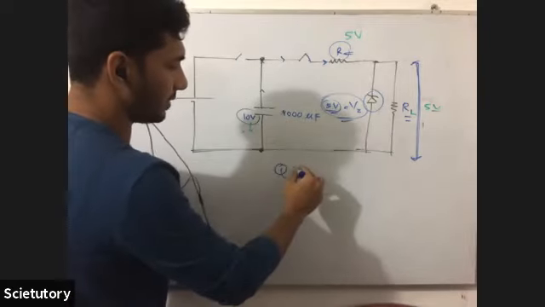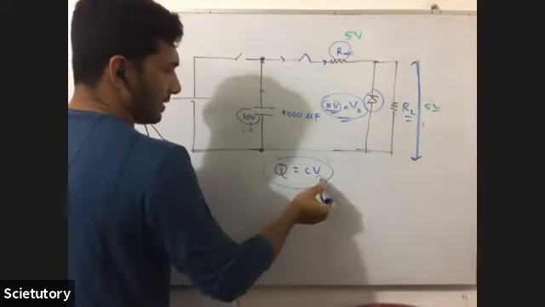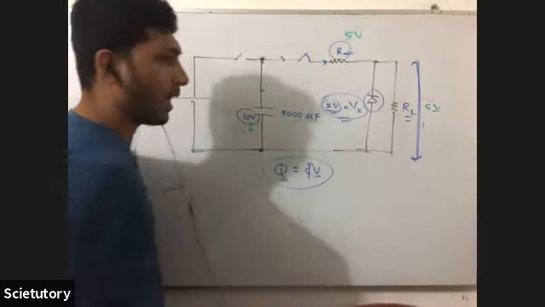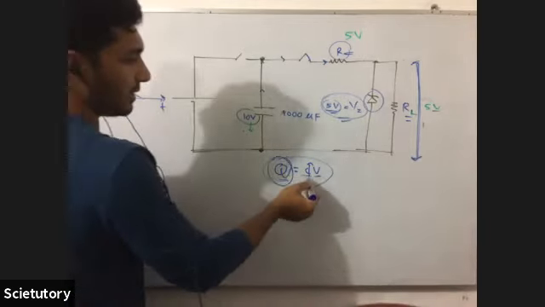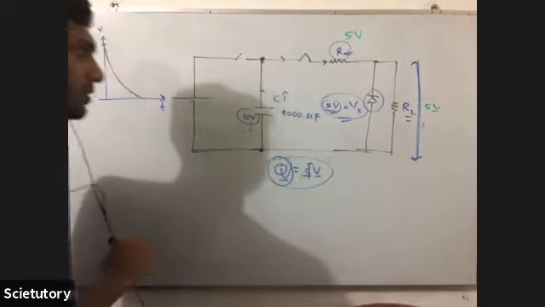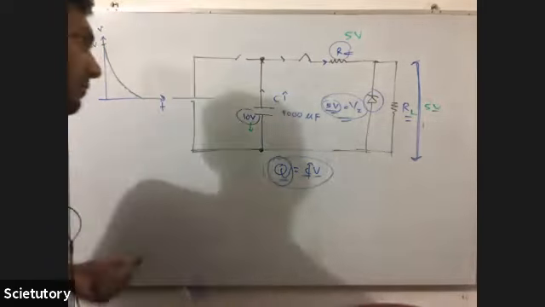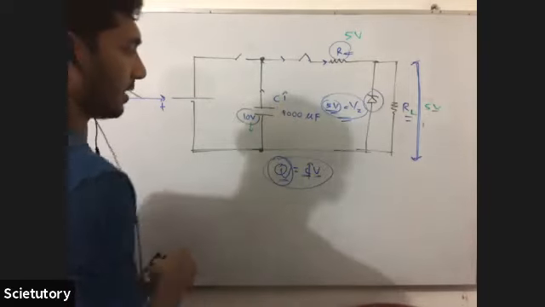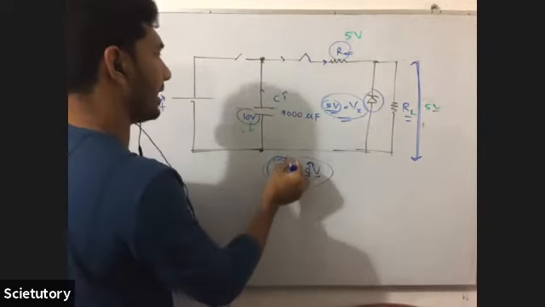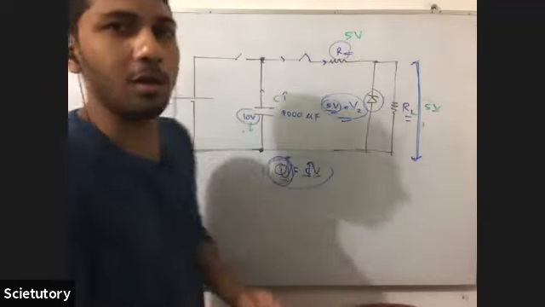So the charge stored is given by the formula Q is equal to CV. So for this 10 volt, to store a higher amount of charge, the C should be higher. So for the Q to be higher, the C should be higher. If you increase the C, the Q will also increase. So now it has more charge to supply for a long time.